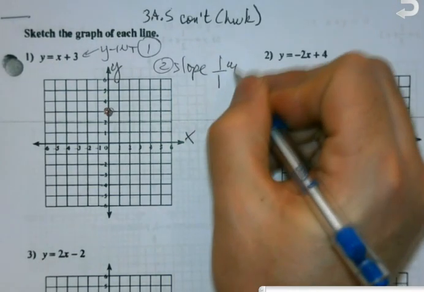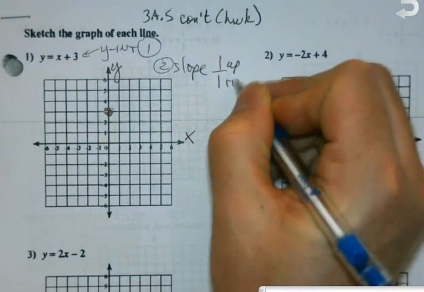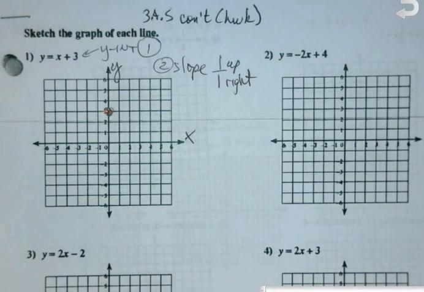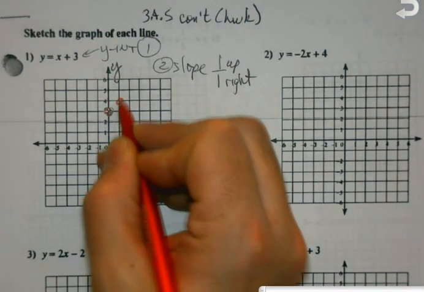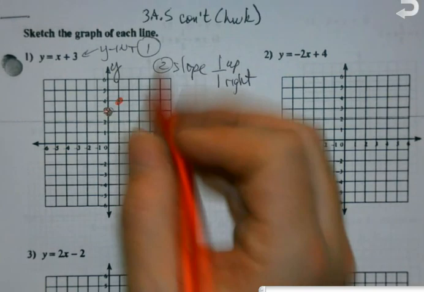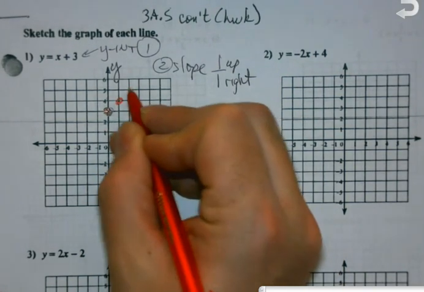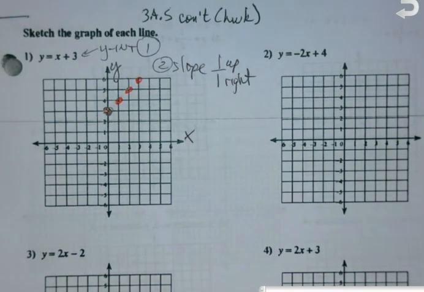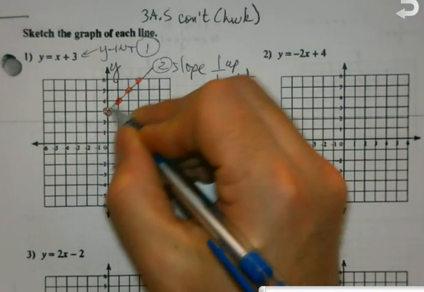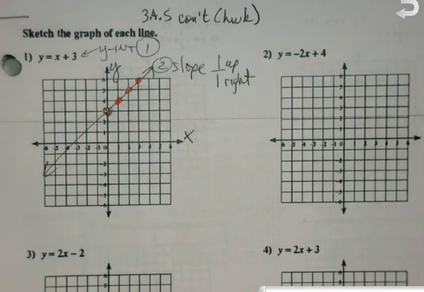Okay, we always want slope to be a fraction. So from that first point that I made, I want to go up 1 and right 1. And like Allie mentioned when we were doing the note sheet, I'd like to do that as many times as I can because we'd like to get an accurate line. So we draw that through and we're good.